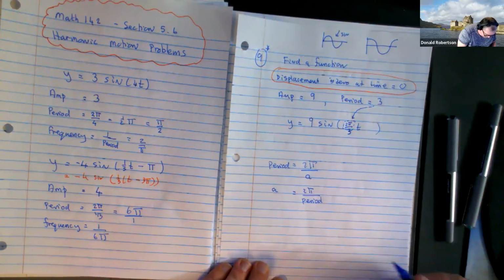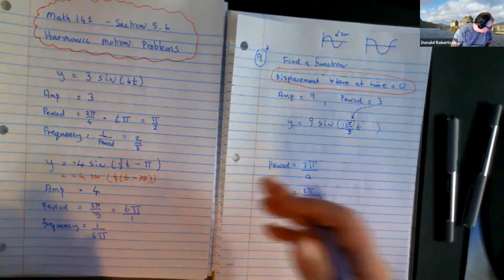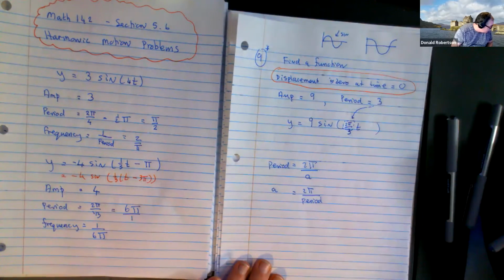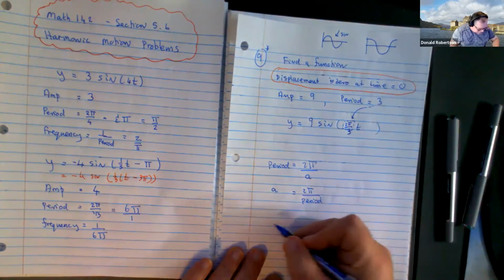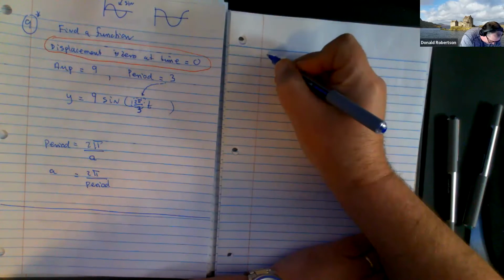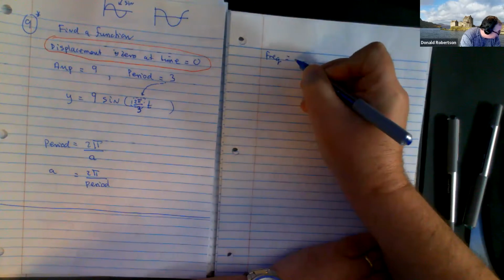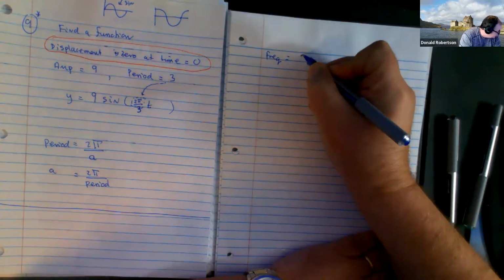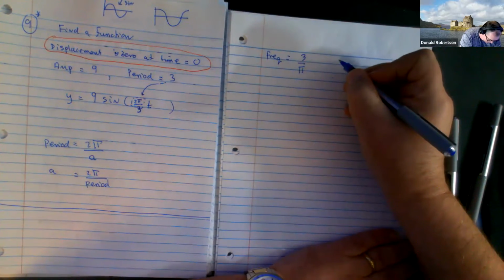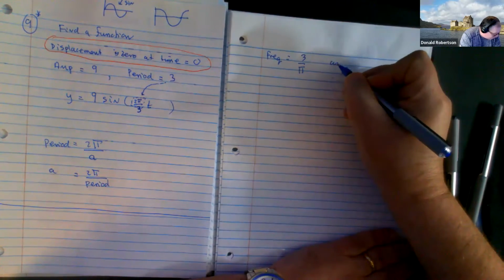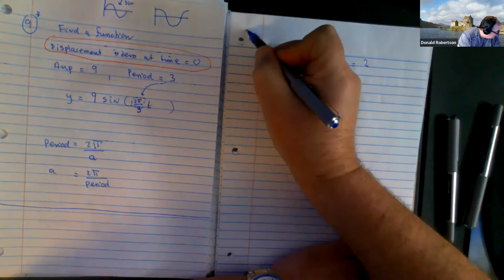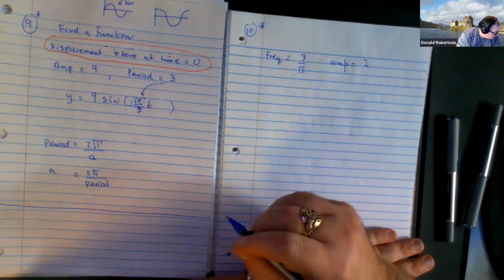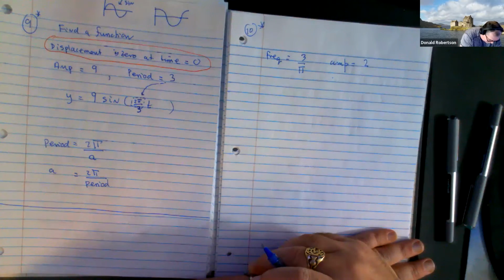Suppose I give you another one of these. Well, I give you a question that looks like this. Telling you that the frequency is 3 over pi, that the amplitude is 2, so this is essentially a version of question 10, and displacement is 0 at time equals 0.